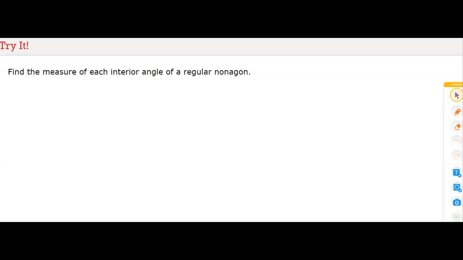Find the measure of each interior angle of a regular nonagon. A nonagon is a polygon with 9 sides.